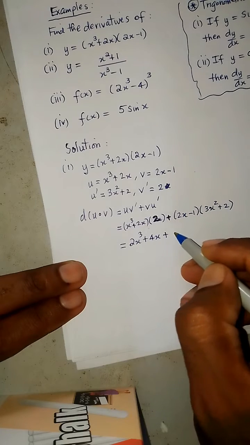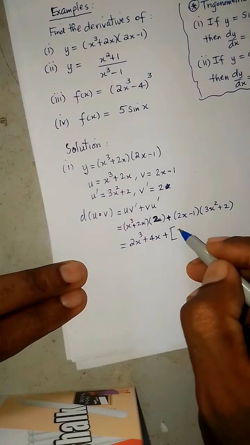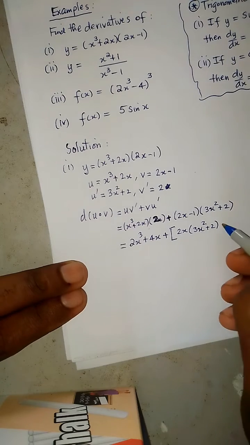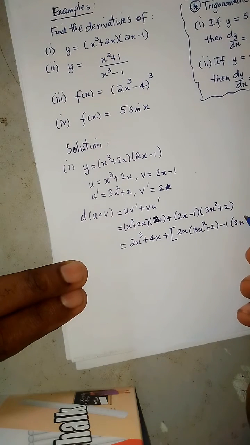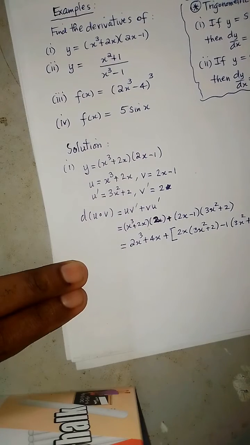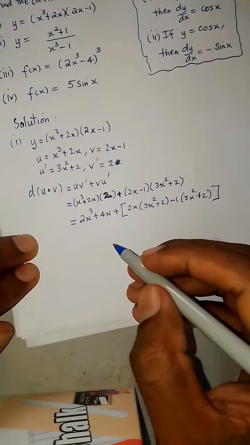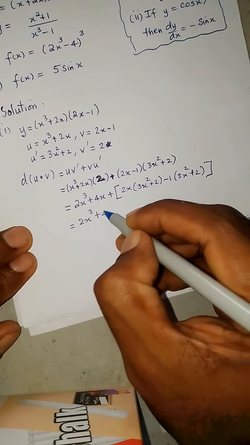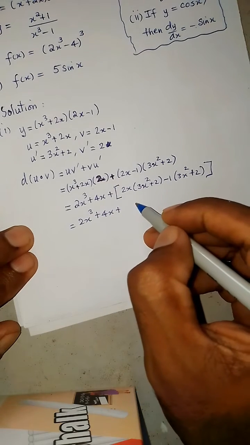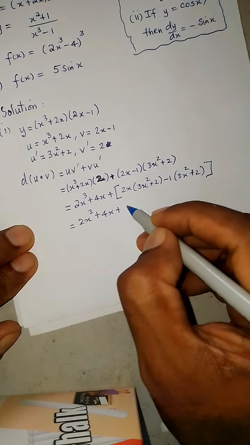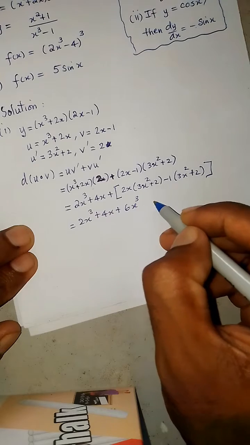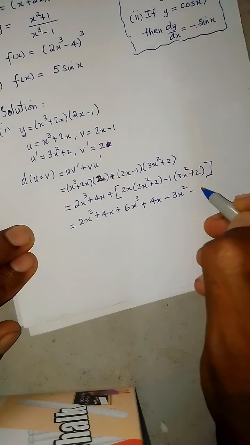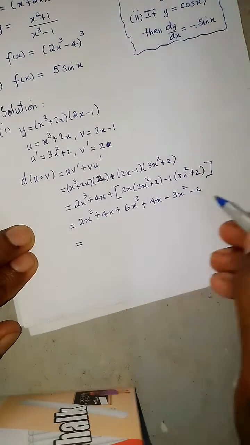Multiplying this together will take us a bit of time, so we go 2x times that, minus 1 times the second bracket, and so we will have, further simplifying, 6x cubed plus 4x, and this will give us minus 3x squared minus 2. Then lastly we collect like terms, and that should be our answer.